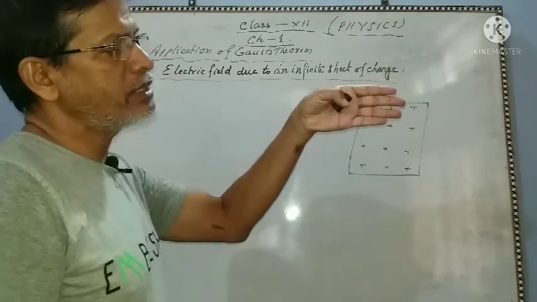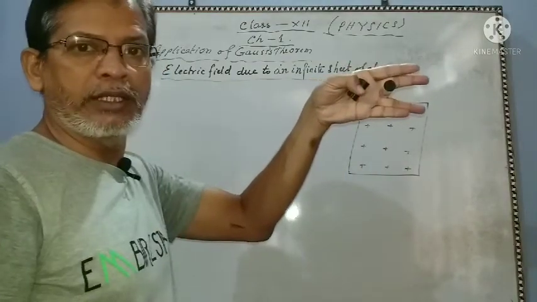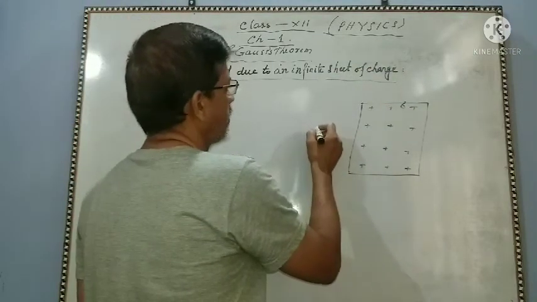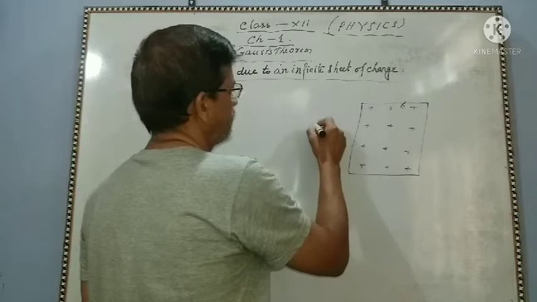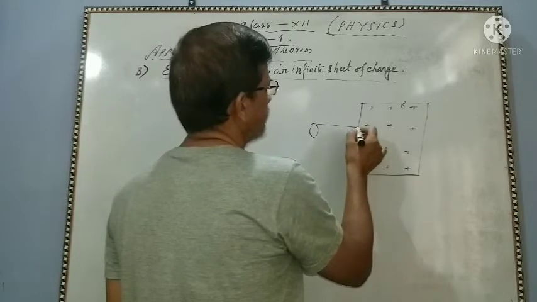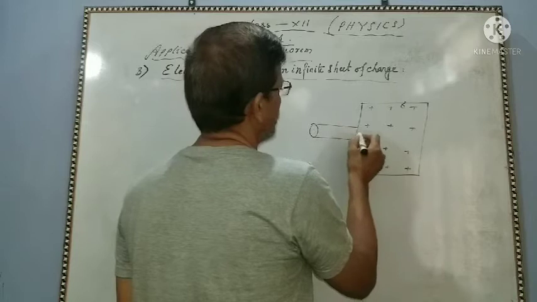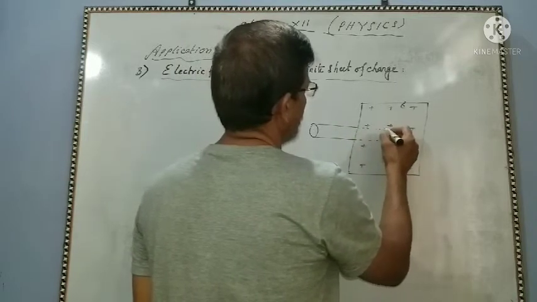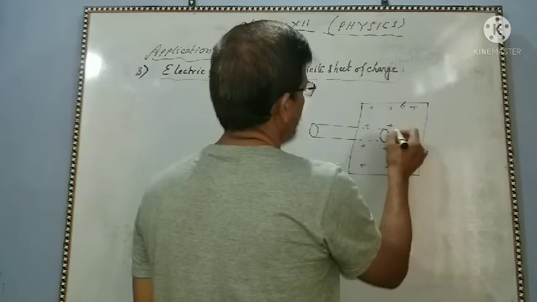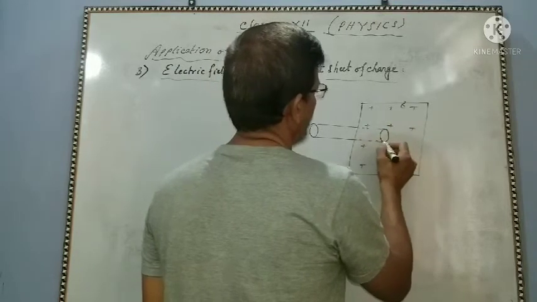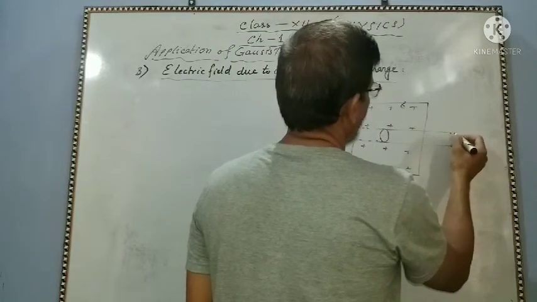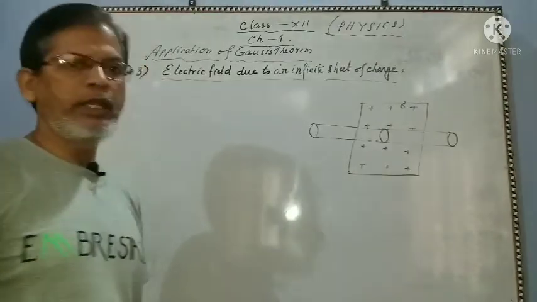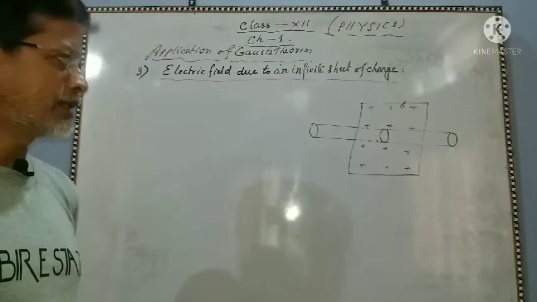Suppose the cylindrical Gaussian surface is taken this way.